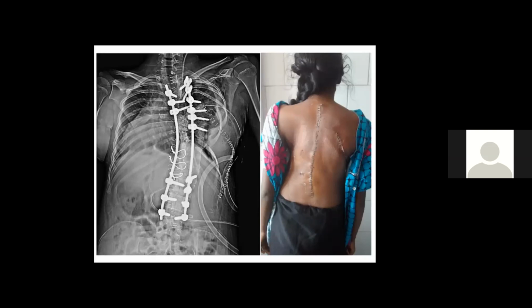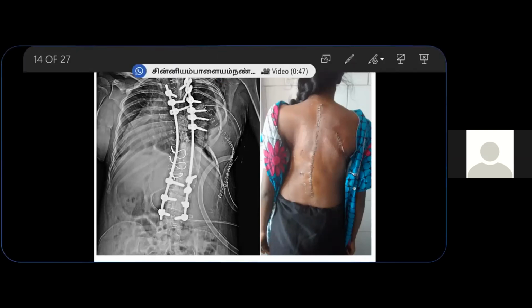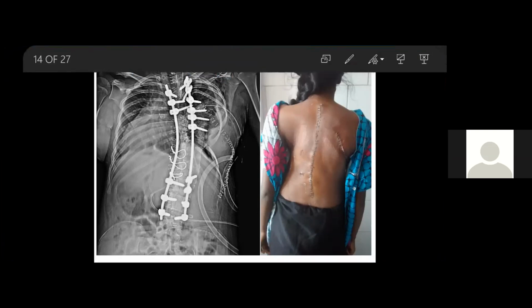But you can manipulate the concentric curves in such a way that the whole of the spine becomes balanced. The rigid portion will remain as such, but the compensatory portion you will be able to correct almost like a pseudo correction. But ultimately, your line of the C7 and the sacrum will come in a single line.